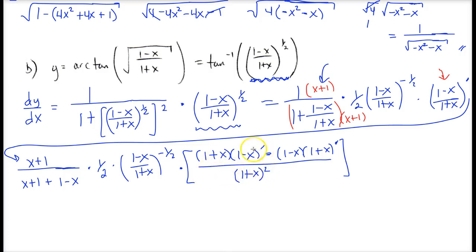And of course, we know that for 1 minus x, if we take the derivative of that, that will just be negative 1. And if we take the derivative of 1 plus x, that will just be 1. So of course, all of this would just be 1, and all of this would just be 1.